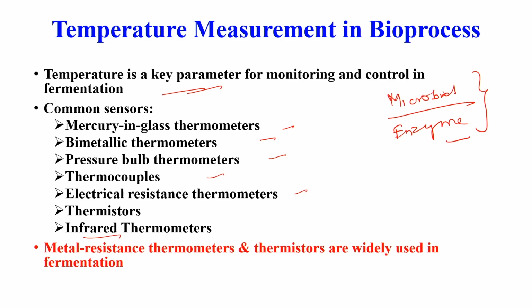You might have seen the application of infrared thermometers during the COVID period, when you used to measure temperature with these IR guns. And in bioprocess, the electrical resistance thermometer and thermistors are widely used.